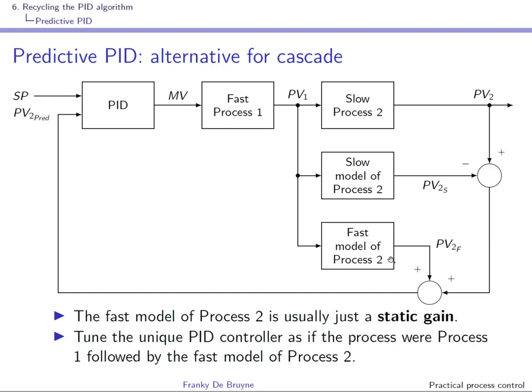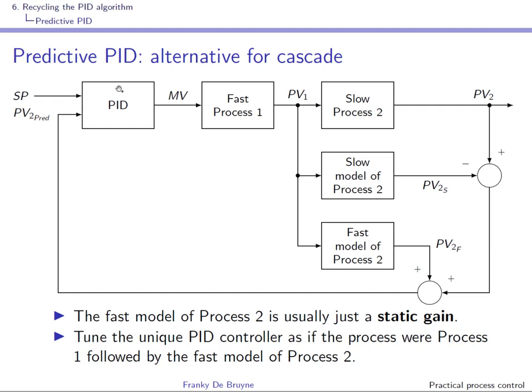So what we have done with this predictive PID is take the slowness of process 2 out of the control loop. We'll be able to tune the PID controller as if the process is this one followed by this one. Very often this fast model of the process will simply be a static gain, the static gain in the relation from PV1 to PV2.